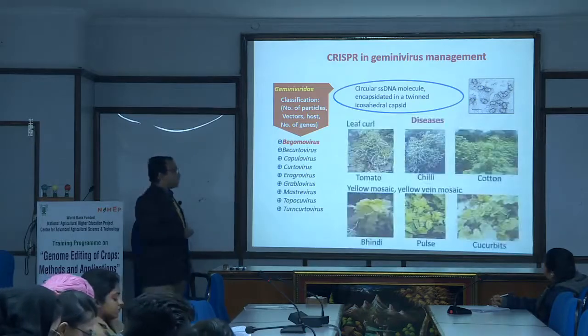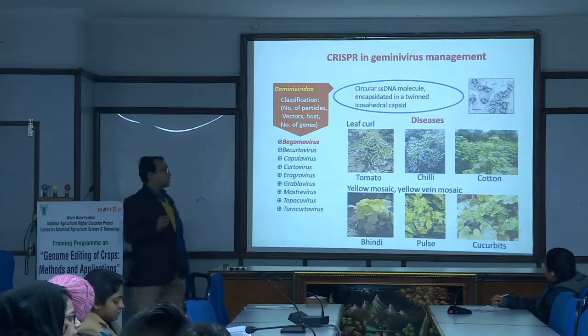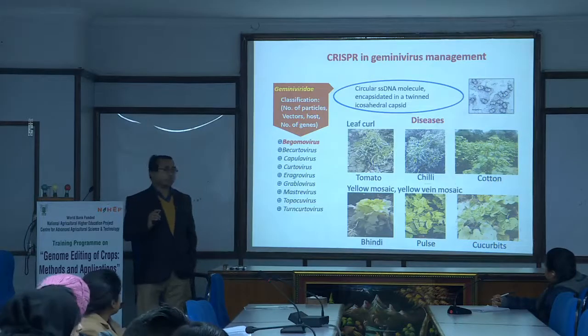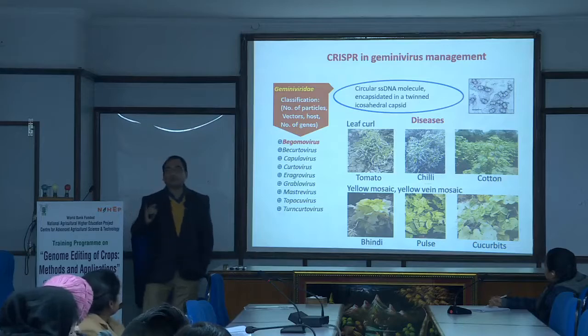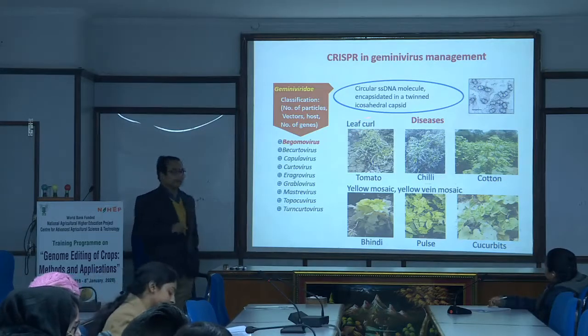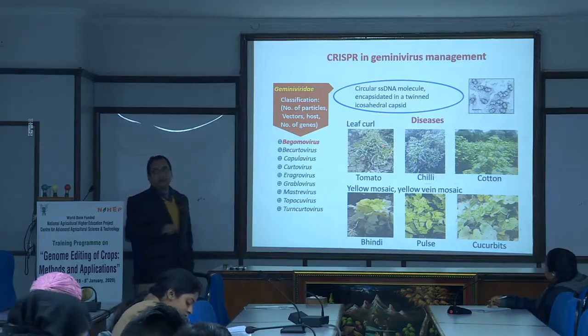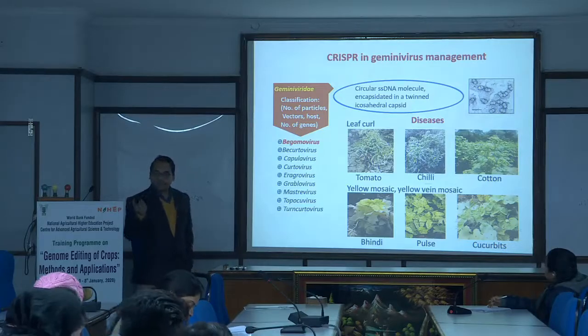These begomoviruses cause very important diseases. The diseases caused by these begomoviruses can be classified into two major symptom groups. One group is leaf curl disease. You can see this is the tomato plant, in what a pathetic condition. You cannot even imagine that a tomato leaf is there.